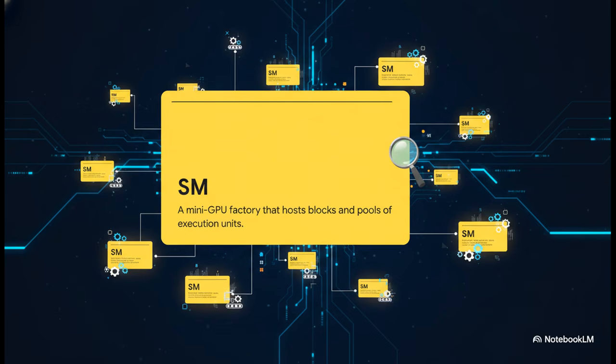Now, the absolute star of the hardware show is the Streaming Multiprocessor, or SM for short. Honestly, you can just think of an SM as a mini GPU factory. A modern GPU is really just a massive chip containing a whole bunch of these identical SM factories. And each SM comes fully equipped with its own register files, shared memory, and a massive pool of execution cores.